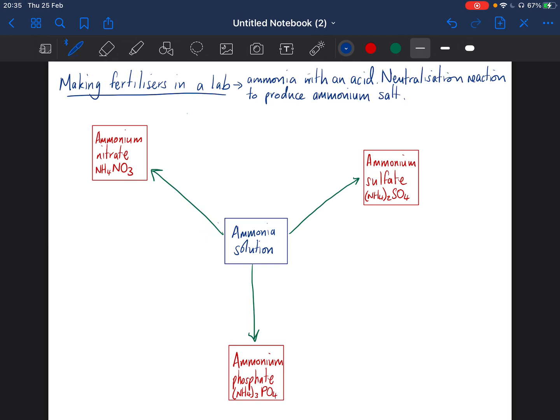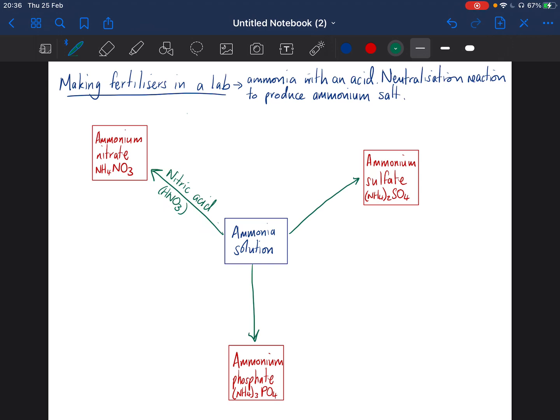Okay, so here's our ammonia in the middle, and ammonia will react with our three acids to produce one of each of these chemicals. Ammonia is going to start by reacting with nitric acid, which has the symbol HNO3, and it's going to produce ammonium nitrate salt, which has the symbol NH4NO3.